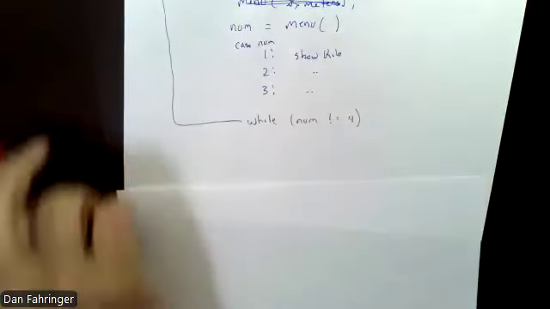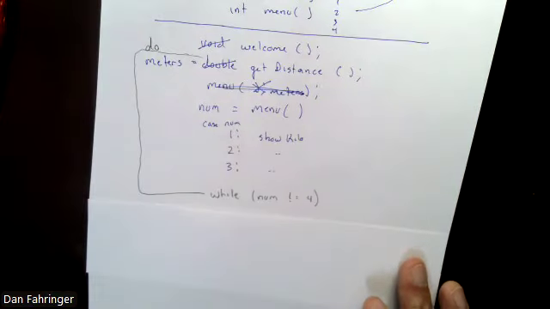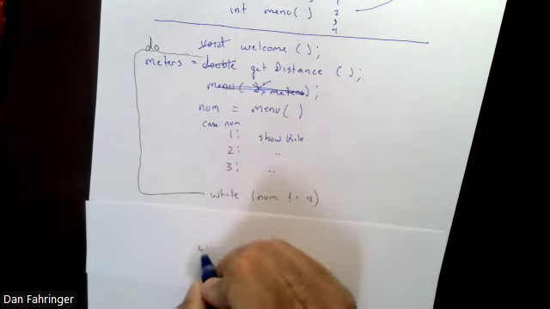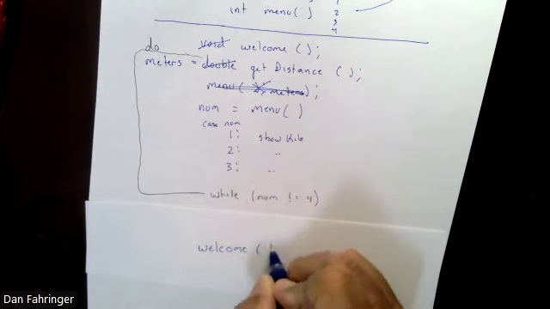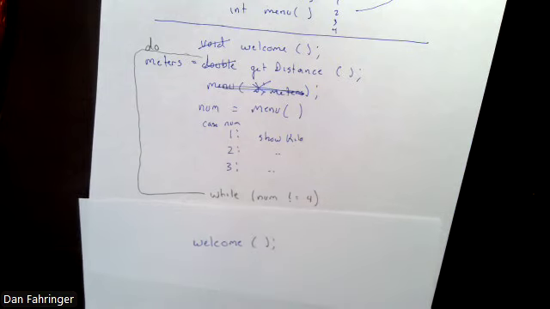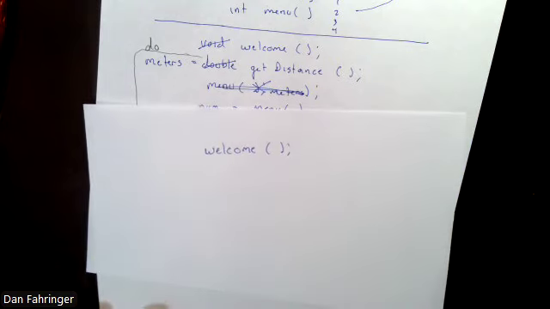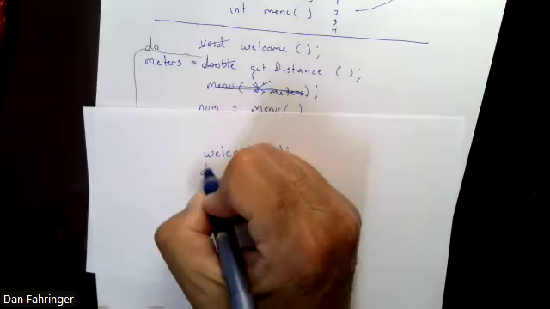I'm going to come in and I'm going to say, hopefully you're writing this down. Welcome. Not passing anything in, nothing's coming back. Now it looks like I have a do statement.